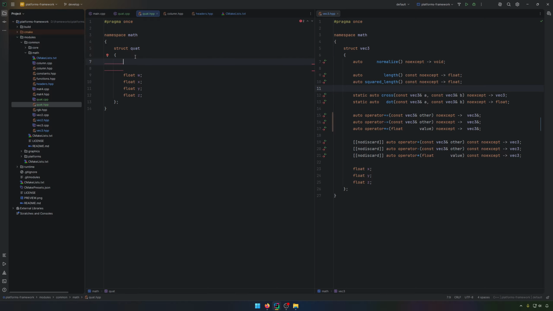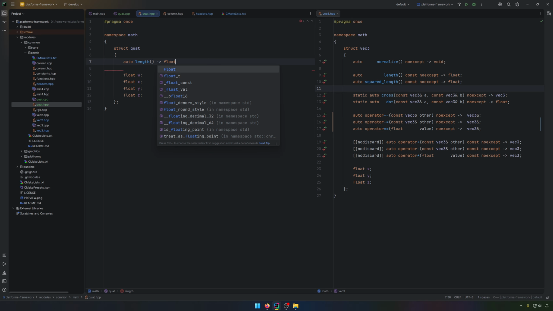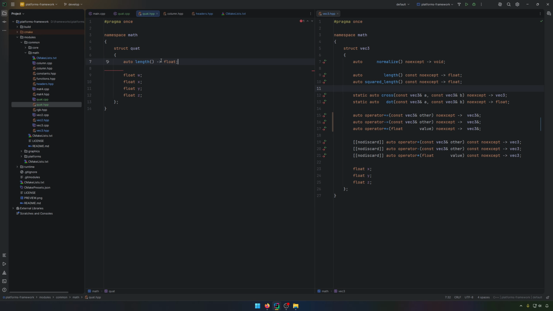What we have for this, similar to what we have in the vectors, we'll have some length function. Okay, this should return a float, similar to what we have for the vectors. We'll have also a squared length.